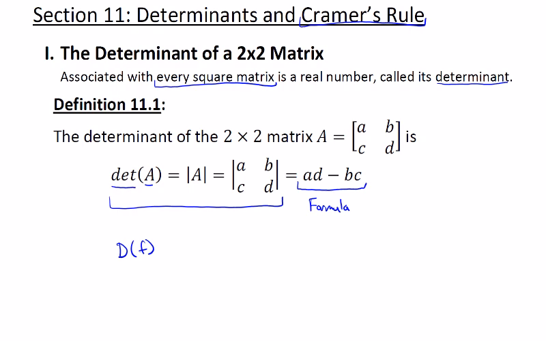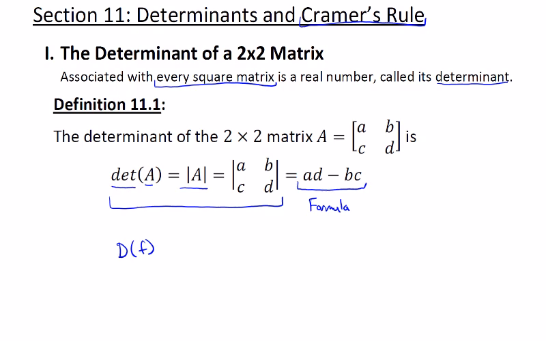And then the second notation, which is equivalent, this one right here, uses what looks like absolute value bars. But at this point, you should realize that mathematicians reuse notation all the time. So the symbols for the absolute value are what are here, but it doesn't mean absolute value.